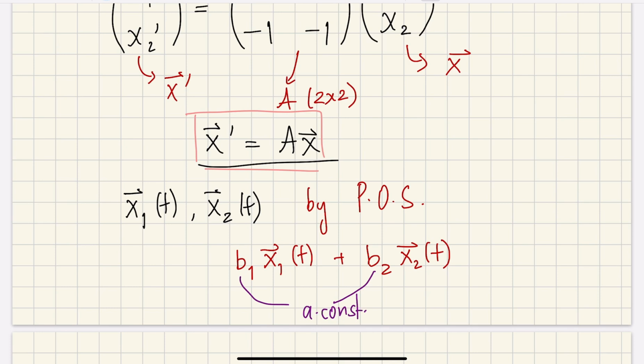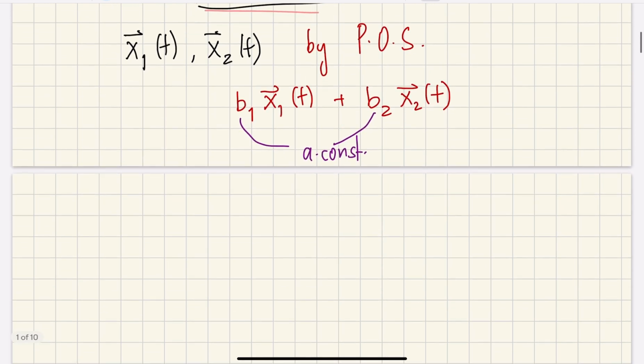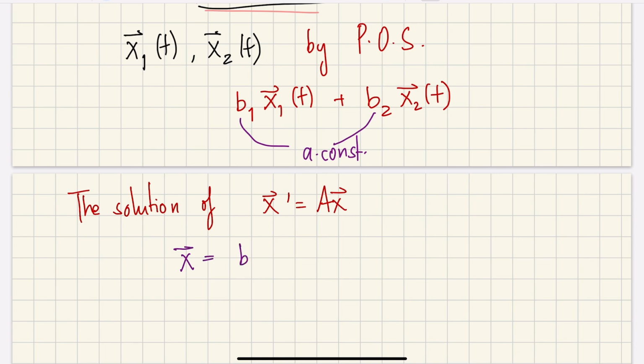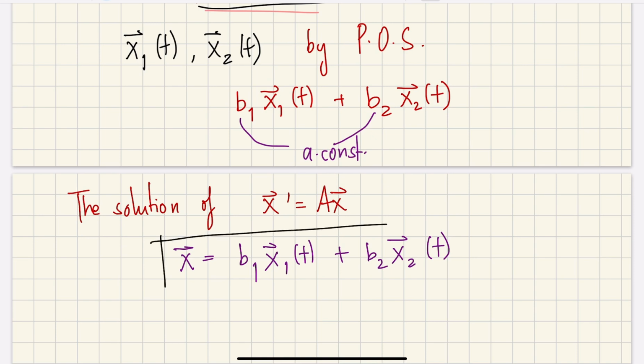So the solution of a system that looks like this looks like this, plus b2 x2 of t. And this is our all-important line right here.